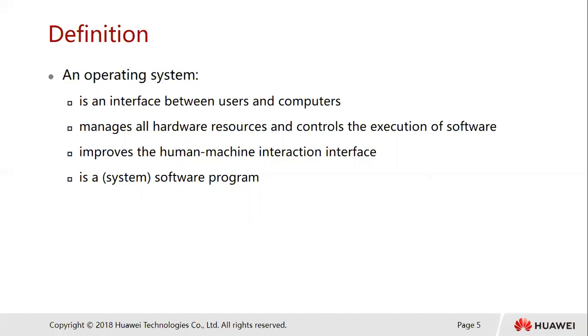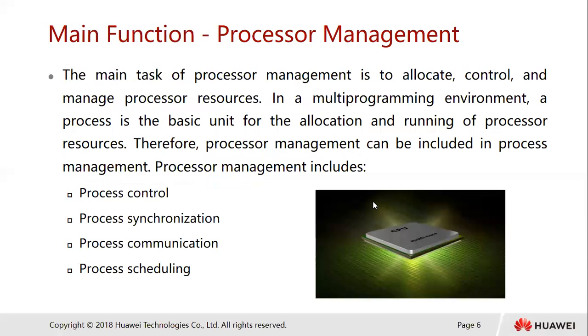That's how it was. During that time, there was no operating system. But now we have the operating system. We are able to see what we are doing because of the operating system. It manages all hardware resources and controls the execution of software, improves the human-machine interaction interface, and is a software program. So these are the definitions of an operating system.